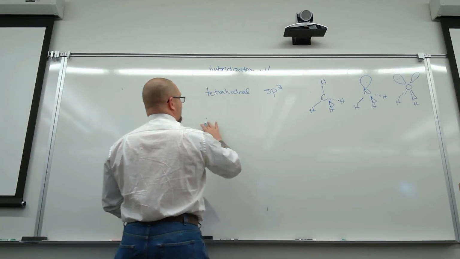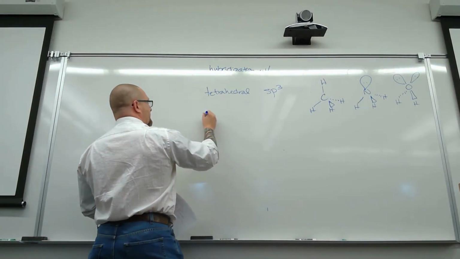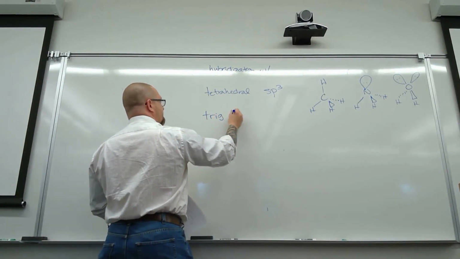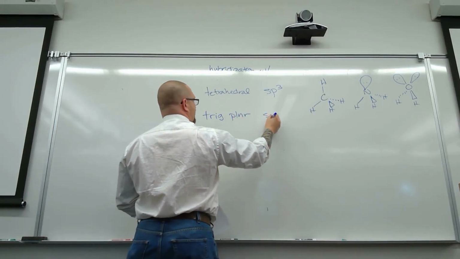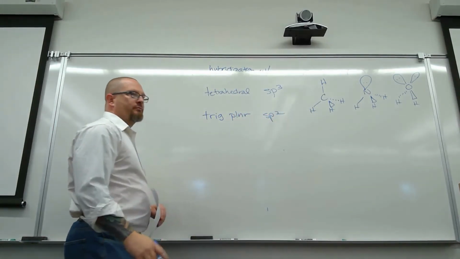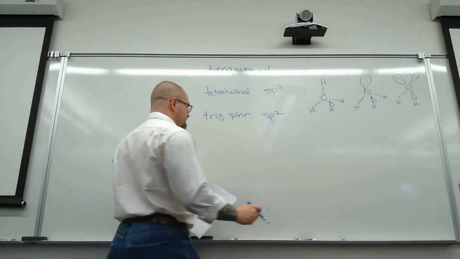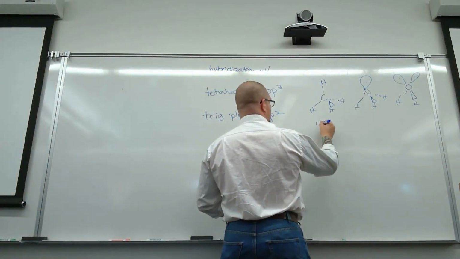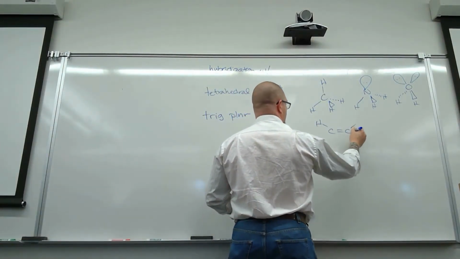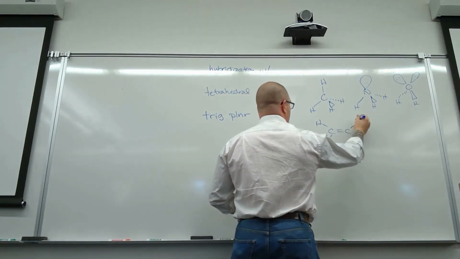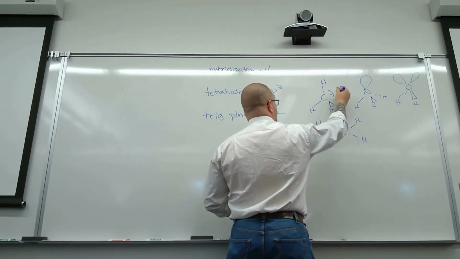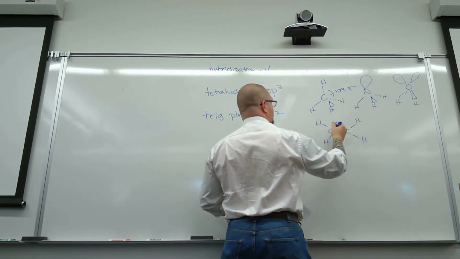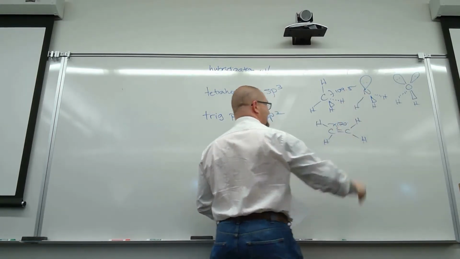If something is trigonal planar, it's sp2. Meaning, instead of 109.5, we're looking for those 120-ish degree angles.